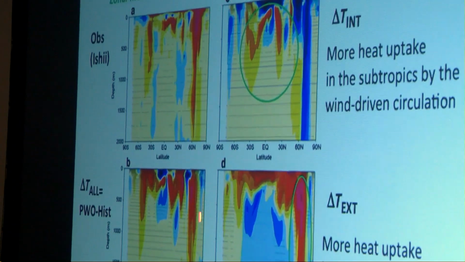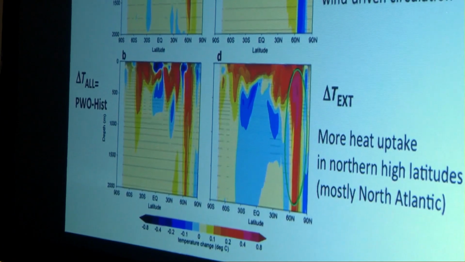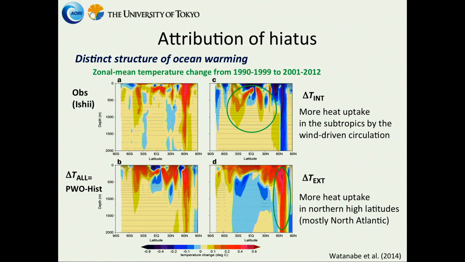The anthropogenic part has a high latitude deep signal indicating AMOC type of circulation is involved, but natural variability, IPO type of variability, has more signal in wind-driven circulation type.